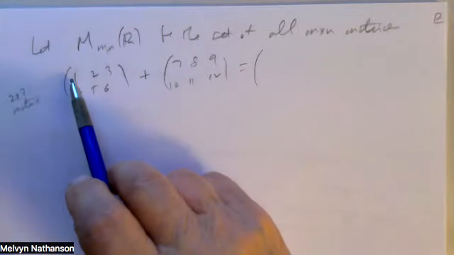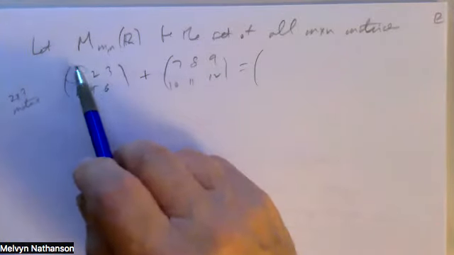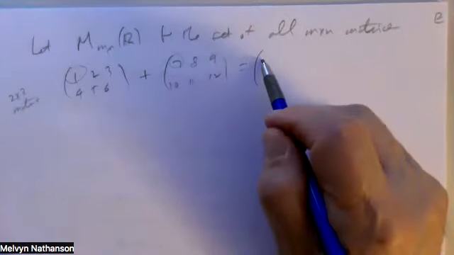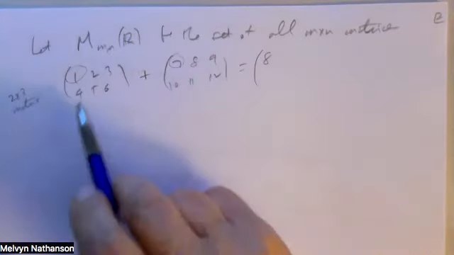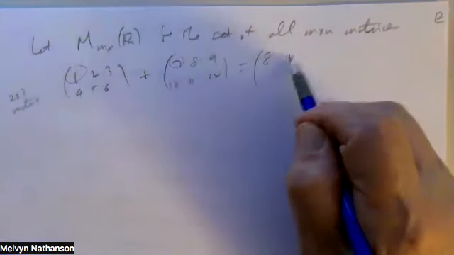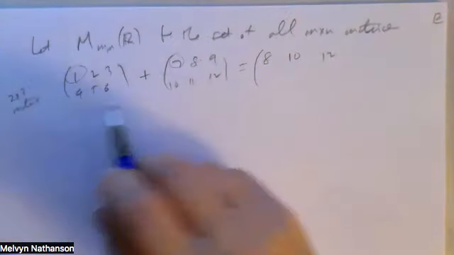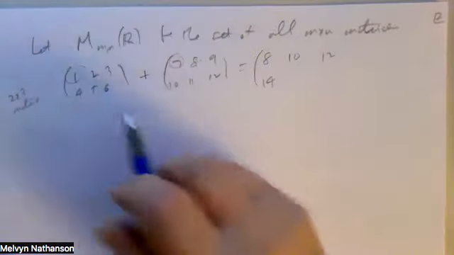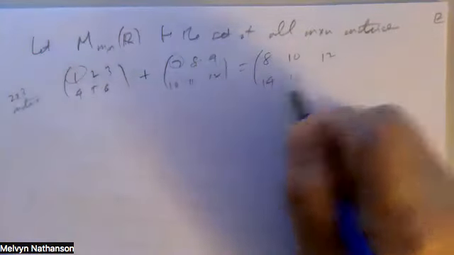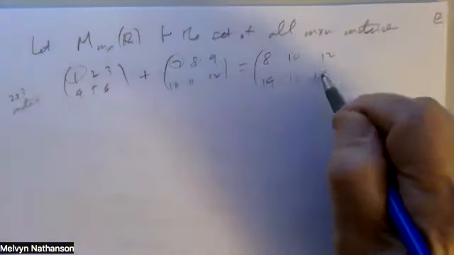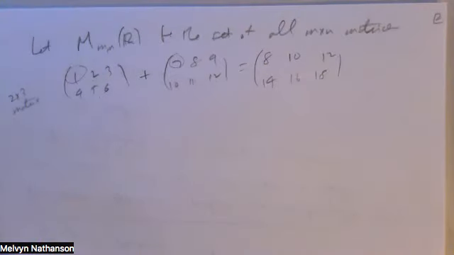So the number in the first row, first column, here is a 1, here is a 7. You add them, you get an 8. 2 plus 8 is 10. 3 plus 9 is 12. 4 plus 10 is 14. 5 plus 11 is 16. 6 plus 12 is 18. So this is the sum of the 2 matrices.